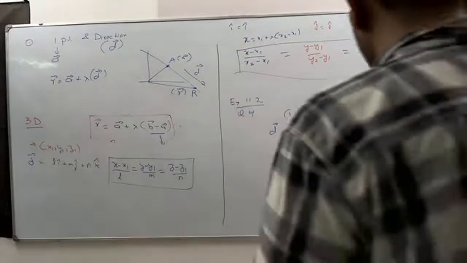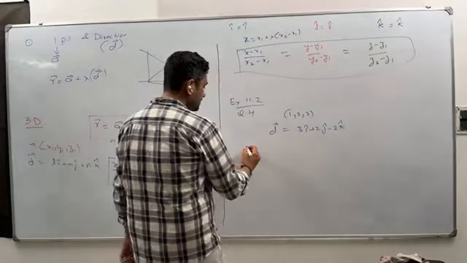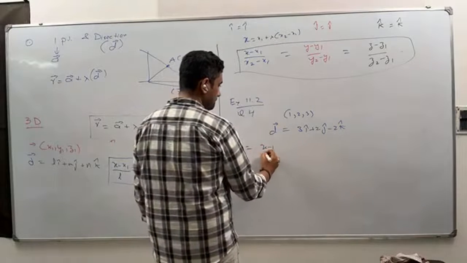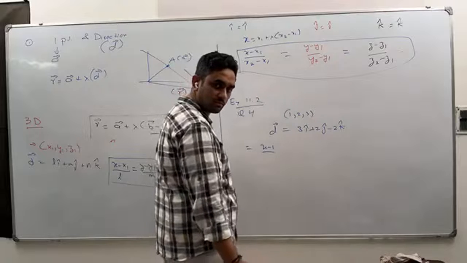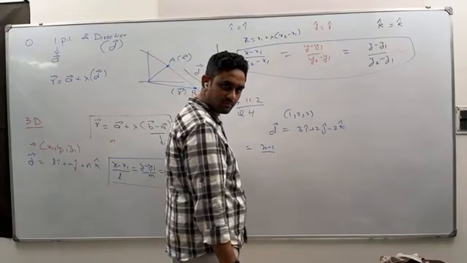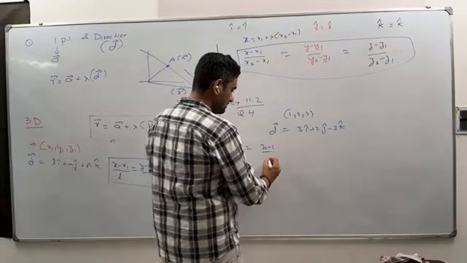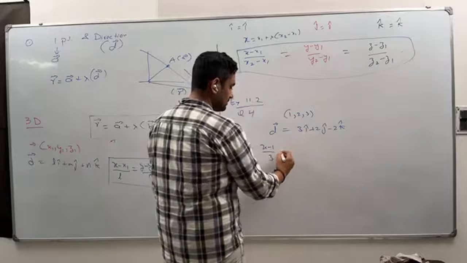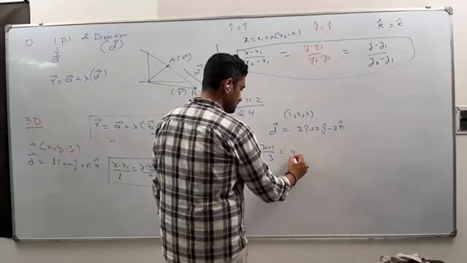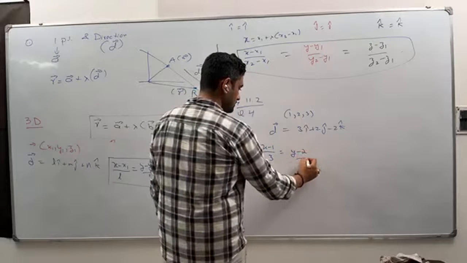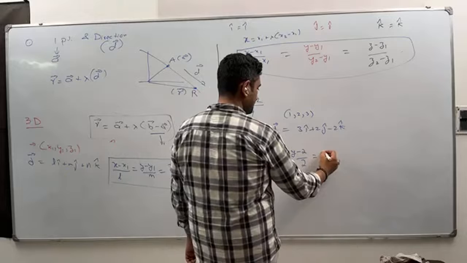Yes, correct. So, Murugasan, what will be the equation? (x minus 1) by 3, correct. This is equal to (y minus 2) by 2 equal to (z plus 2) by 2.